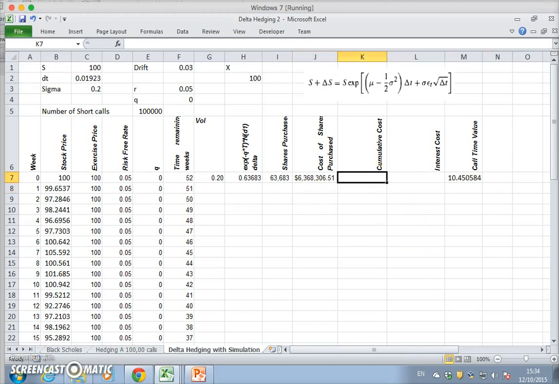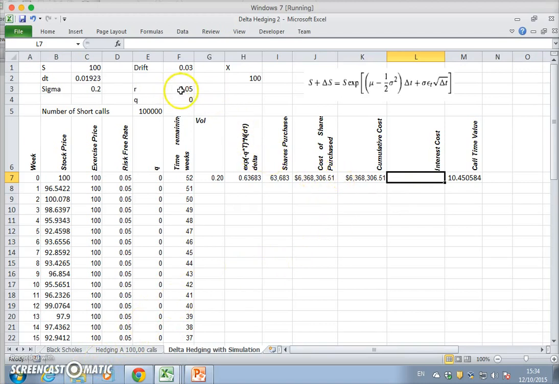And we could say, okay, the cumulative cost is going to be the same as, we don't really have to worry here about interest for the moment, but the initial cost here is just this 6.368 million. And the interest cost we also have to take into account, because money tied up in the purchase of the stock is money that can't earn deposit.